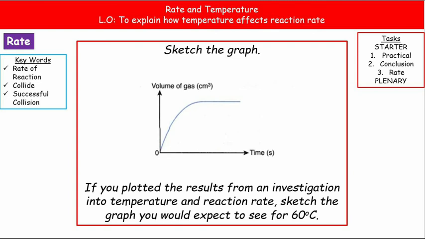Once you've sketched that, add a second line onto the same graph to show what you would expect if we did the exact same investigation but at 60 degrees Celsius. The one on the screen is at 20 degrees Celsius, so add a second line for what we would expect to see at 60 degrees Celsius. I'll give you a couple of minutes to get that done.